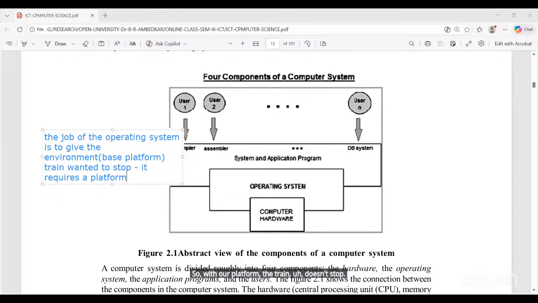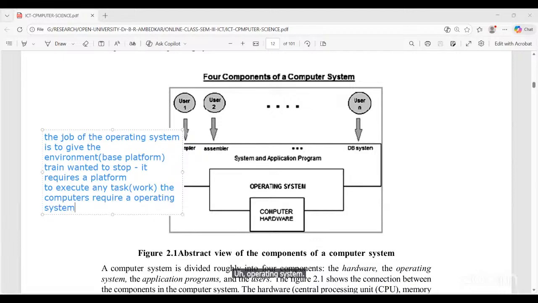In the same way, to execute any task or any work, the computer requires an operating system.